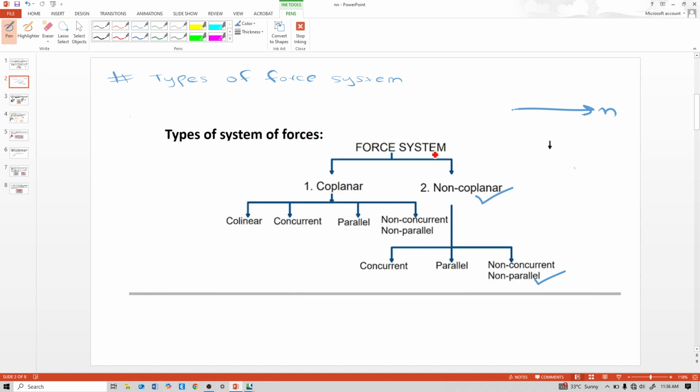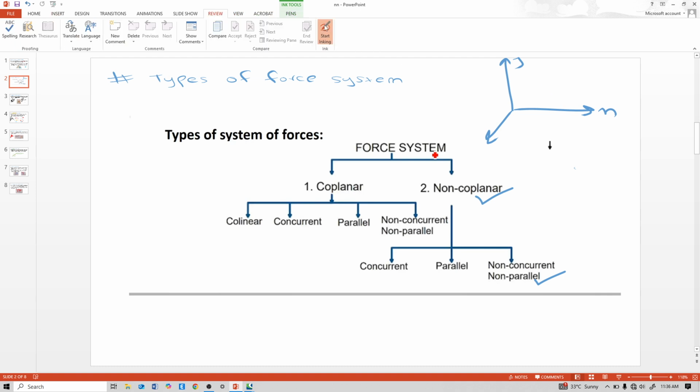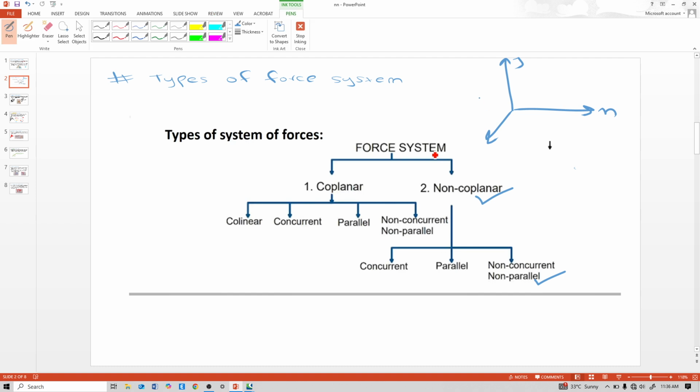If this is the x axis, y axis, and z axis, and my forces are like this, like this, like this, and like this, so one force sense is different from the other forces. So that's why it is a non-coplanar, non-parallel force system.